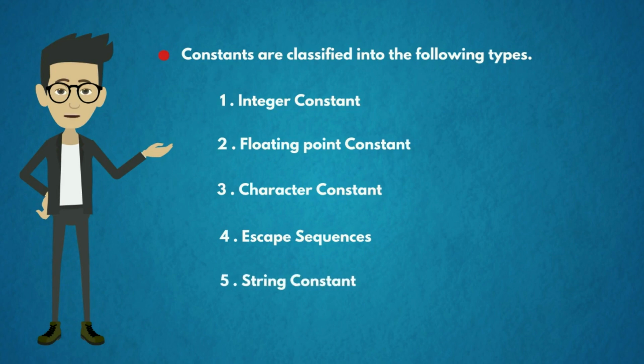Fifth one, string constant, for example, good morning, etc. Sixth, enumeration constant. These are integral constants, for example, enum color can be like yellow, red, green, etc.